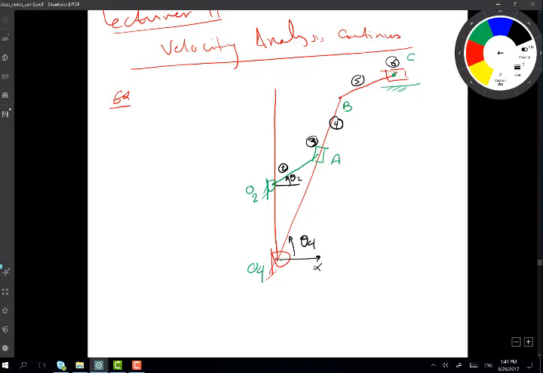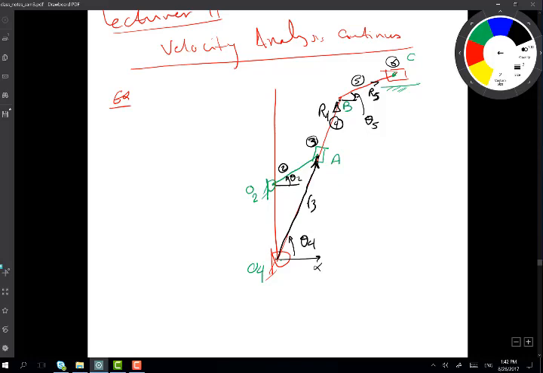theta 4 for link 4. These are all variables. This distance here will be a variable distance. That's r3. I note that as well, and I needed to find the velocity of this point. And then this here will be R4 and this will be R5, and so this will be theta 5 over here.